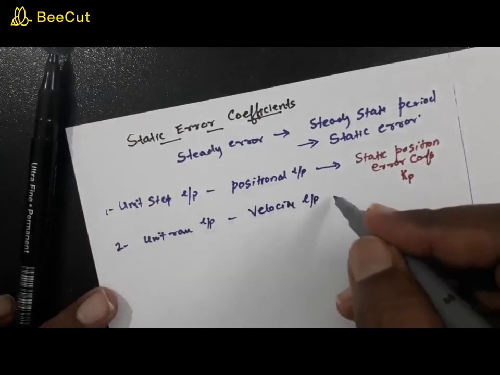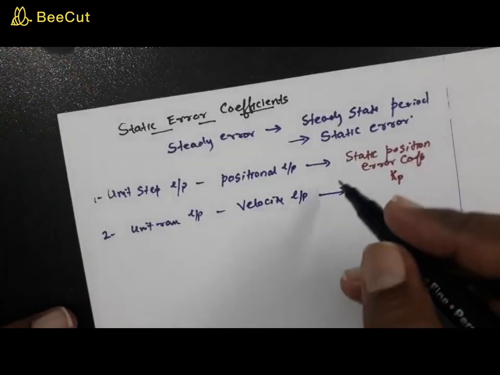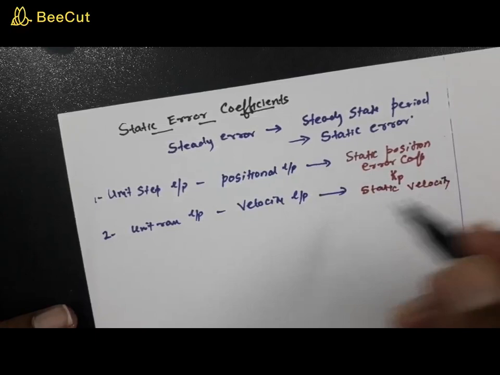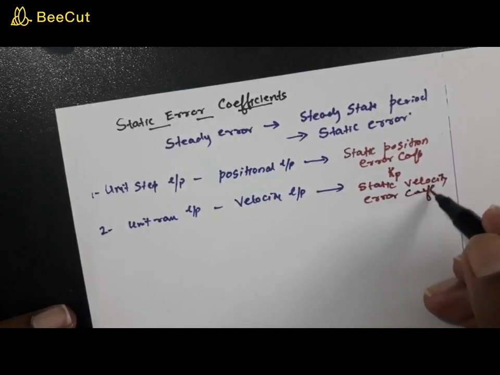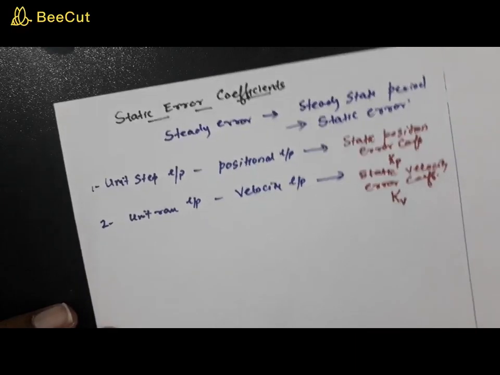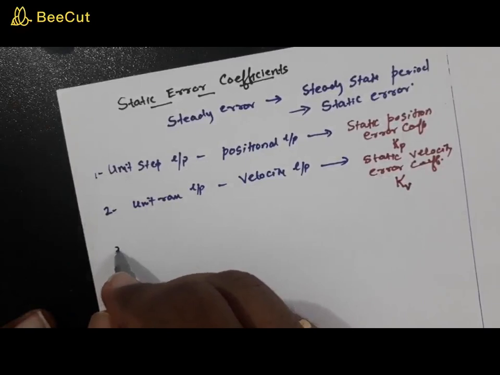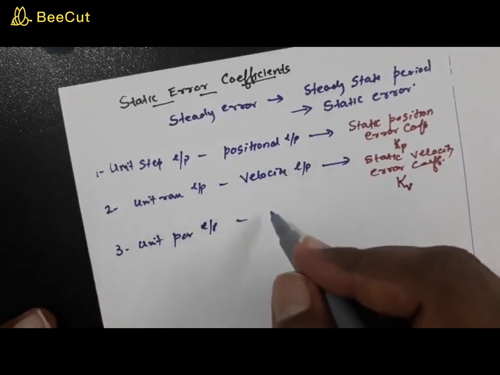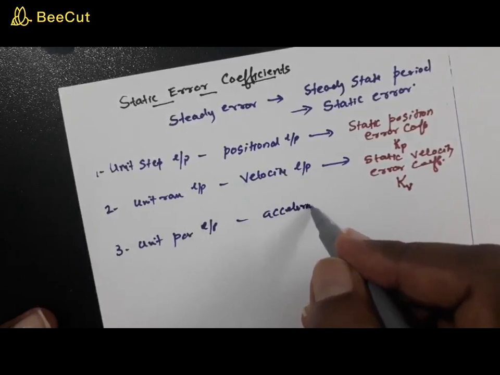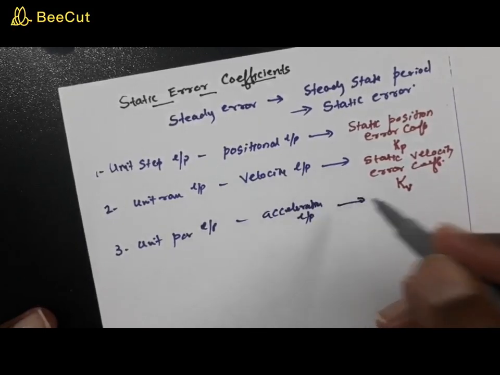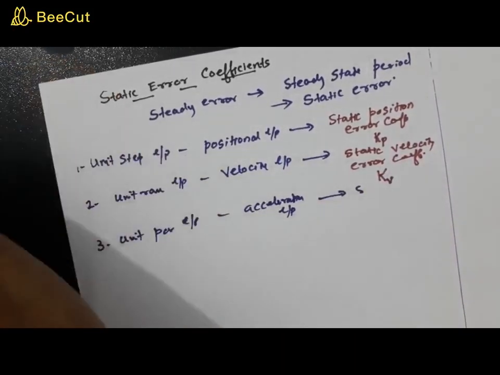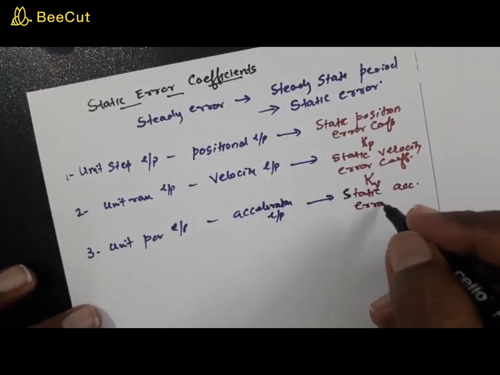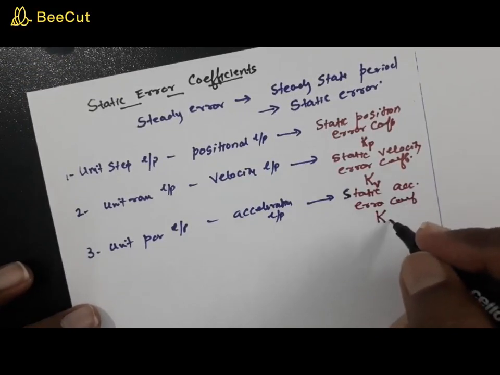The coefficient corresponding to this velocity input is called the static velocity error coefficient, and is usually represented by K suffix V. Finally, the third input is the unit parabolic input, which is also called the acceleration input, and the coefficient corresponding to that is called the static acceleration error coefficient, denoted by the letter Ka.